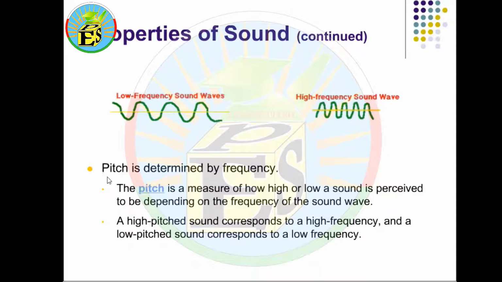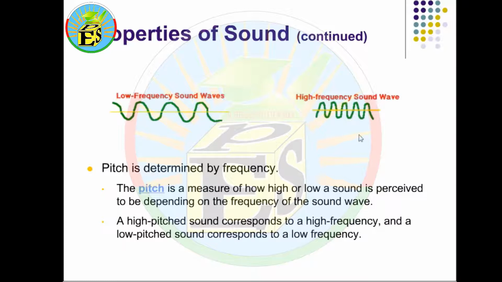We have three properties. The first property is pitch. Pitch is determined by frequency. It means pitch is a measure of how high or low a sound is perceived to be, depending on the frequency of the sound wave.